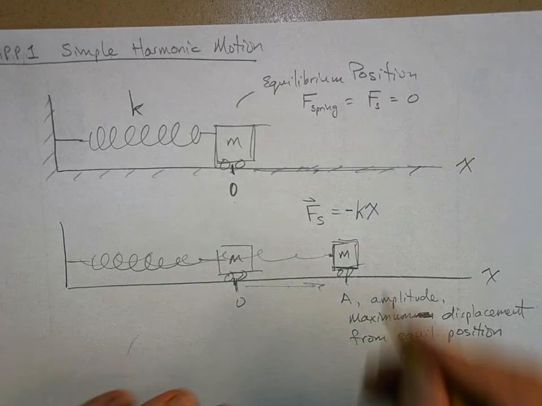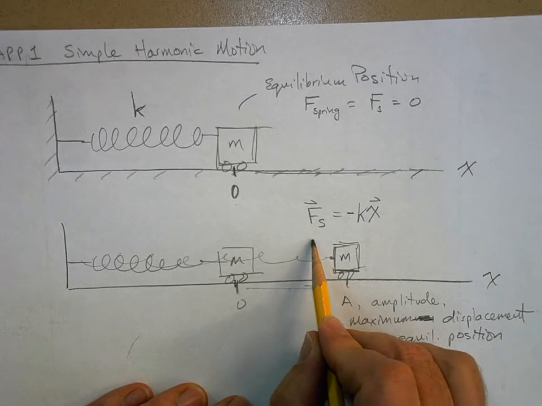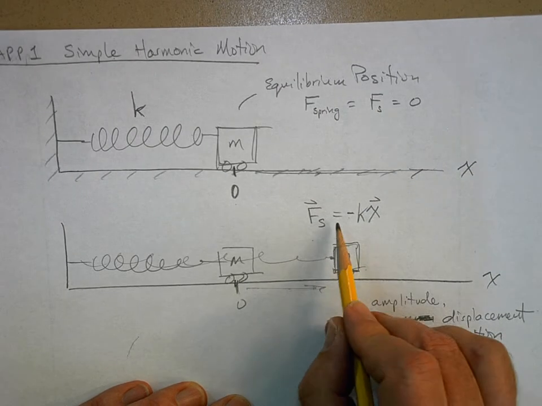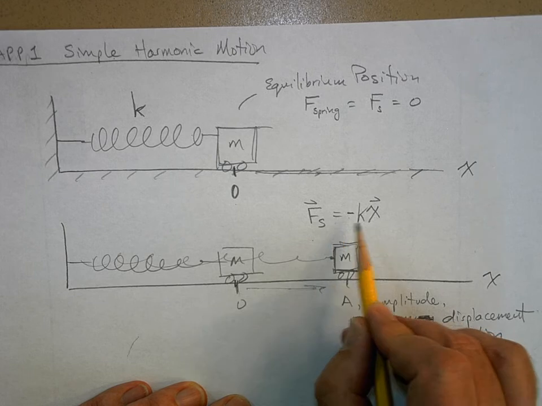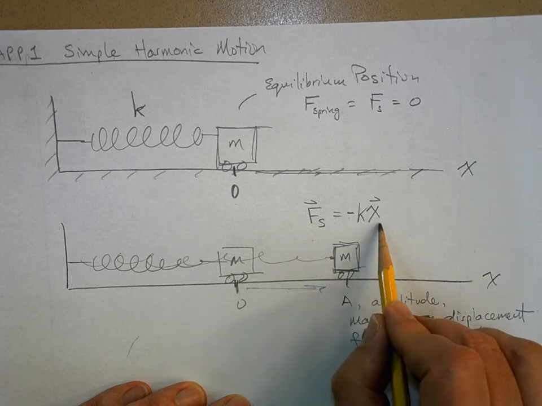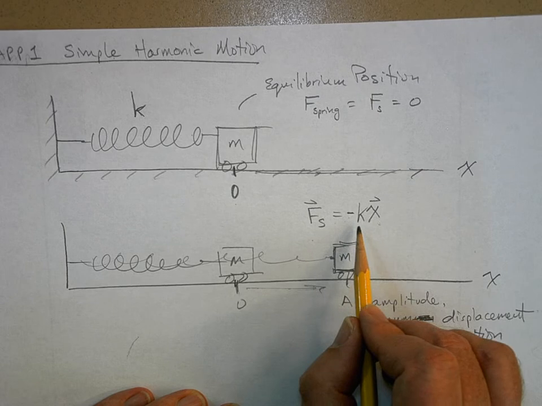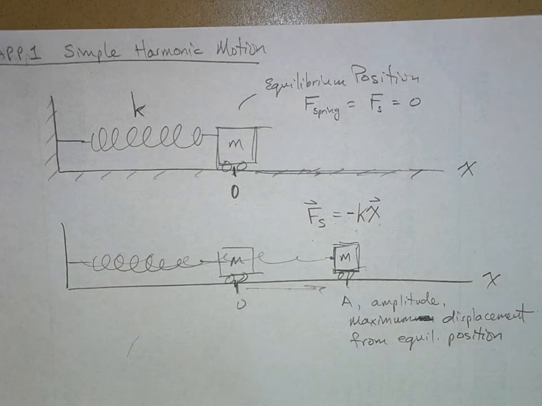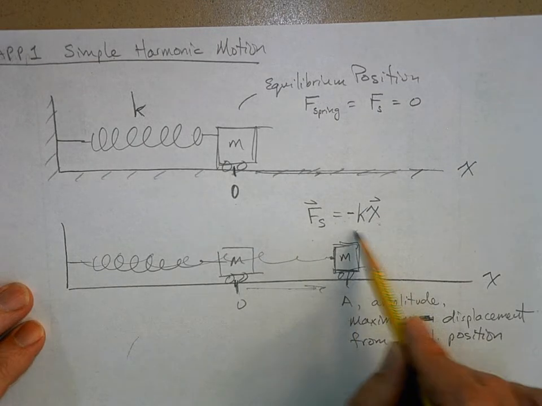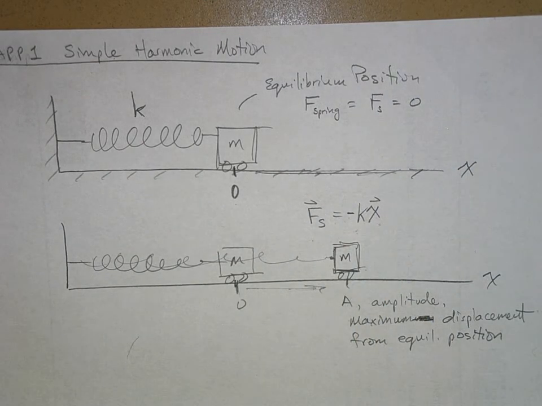So here's our Hooke's law equation. The force of a spring is equal to our position, x, but in the opposite direction, times k, the spring constant, in newtons per meter. And again, this is a measure of how stiff the spring is.